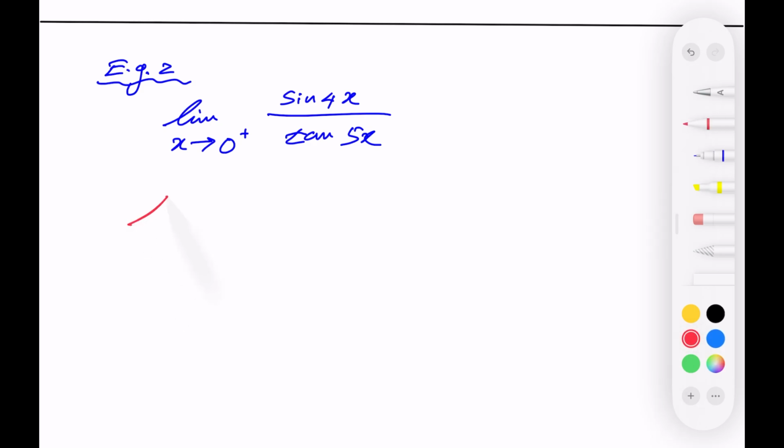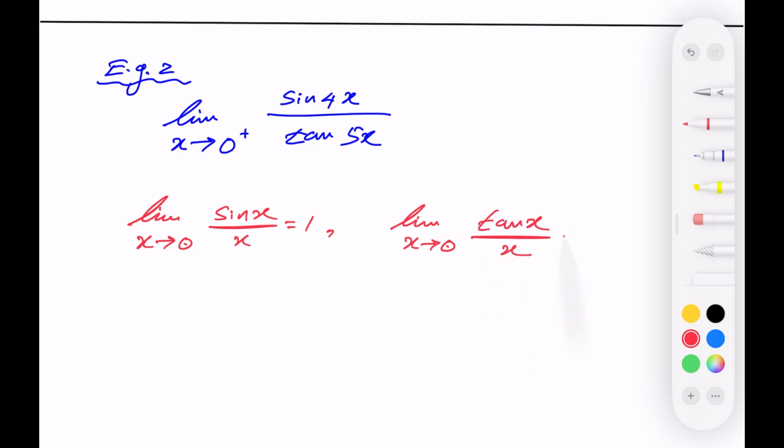We had limit as x approaches 0, sine x over x is equal to 1. That was the first theorem we discussed. And today we saw the theorem that limit as x approaches 0, tangent x over x is also equal to 1. For this problem, we can use both of them.